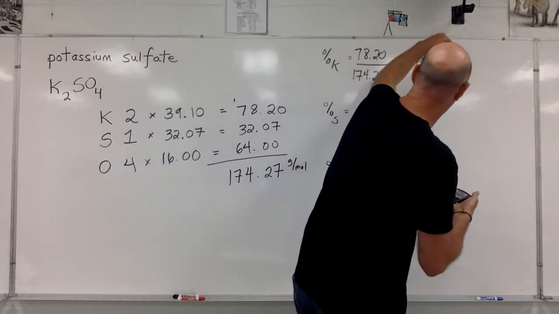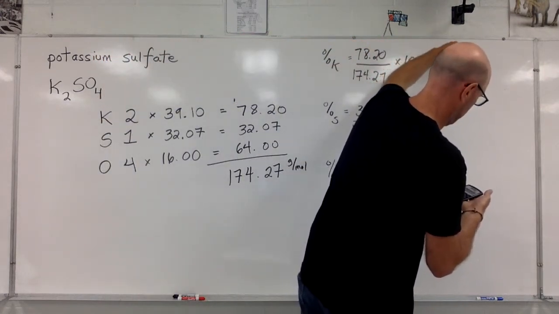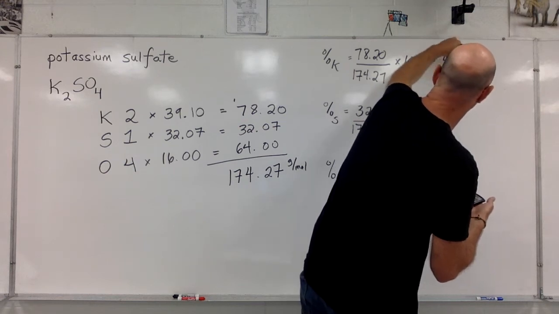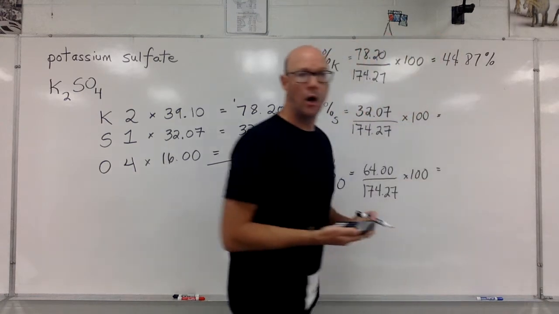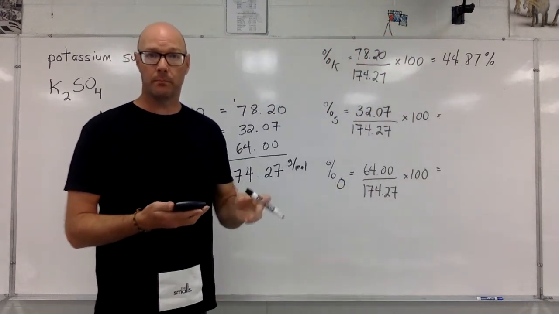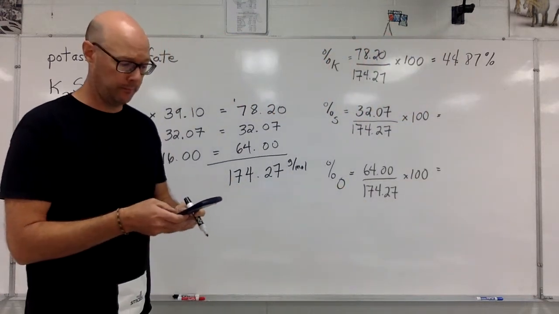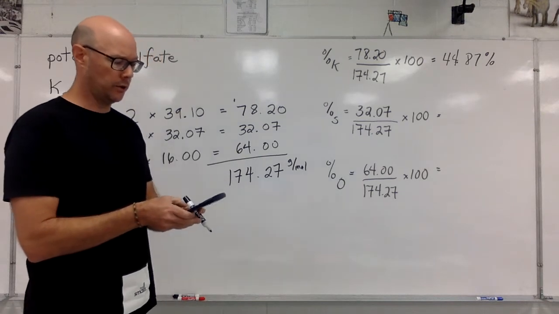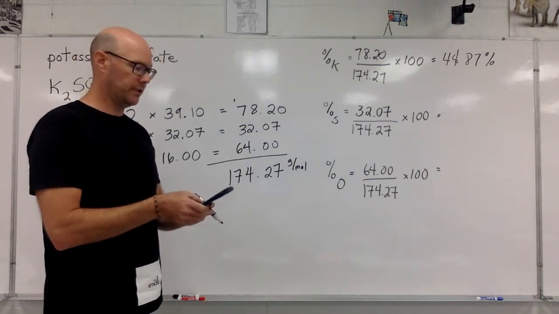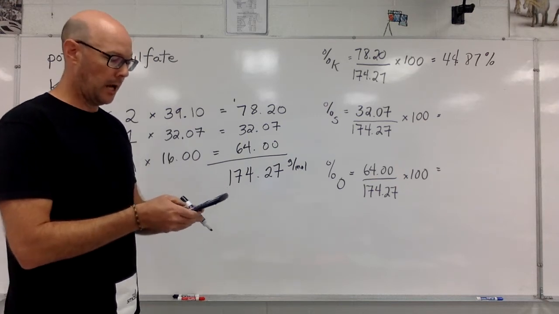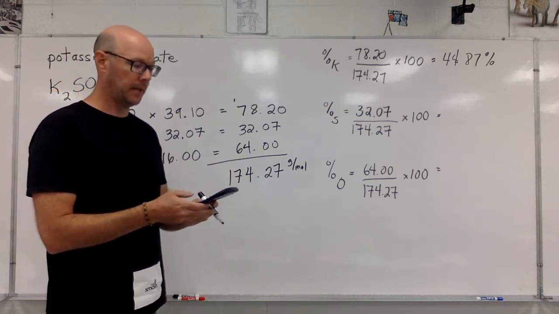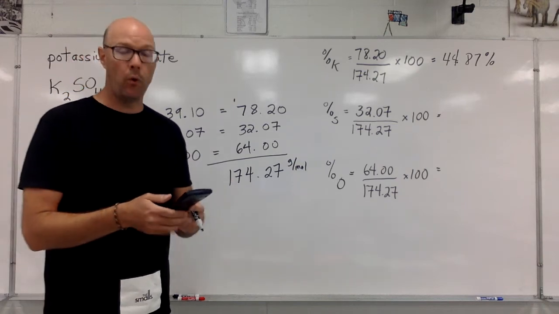This is 44.87%. What about the sulfur? 32.07 out of 174.27 times 100. This time 18.40.